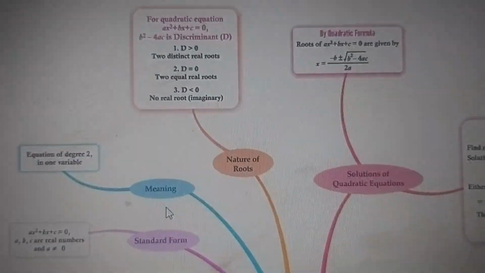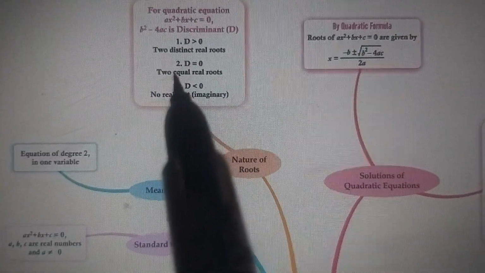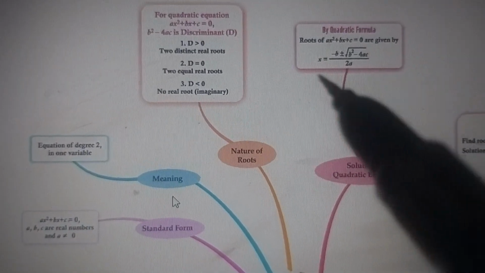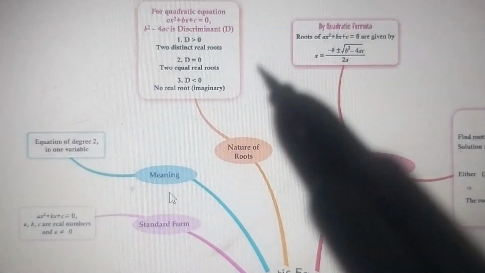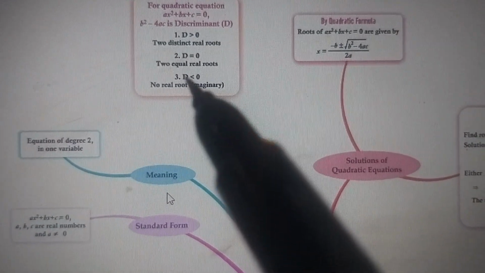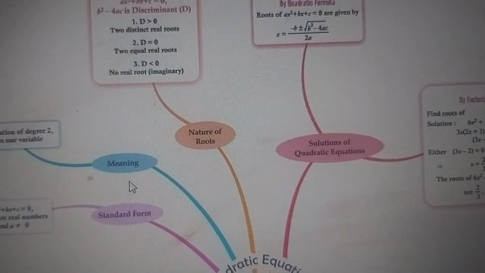Okay, if D equal to 0, then we get two equal roots. Okay, very important, children. This mind map is very important. Please go through, watch the complete video so that for every chapter you get a quick recap of revision. Okay, D less than 0, no real roots, imaginary roots.